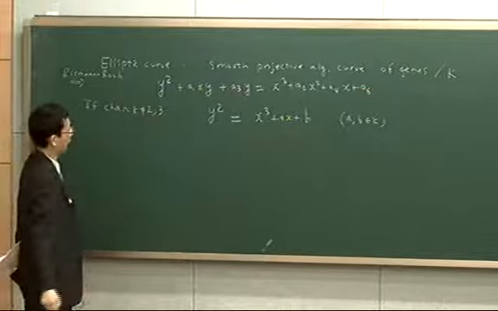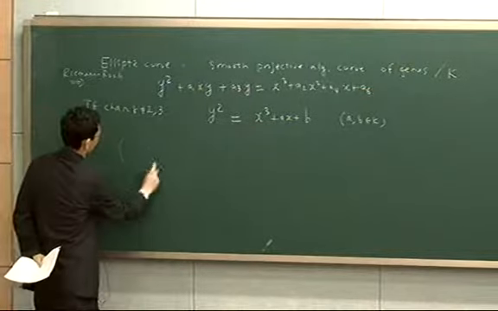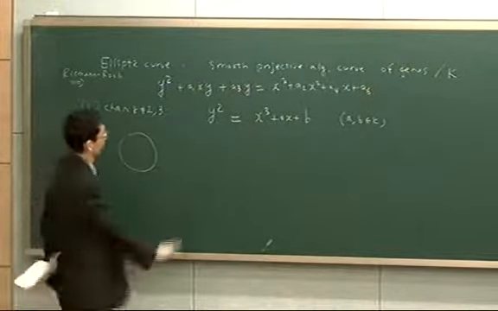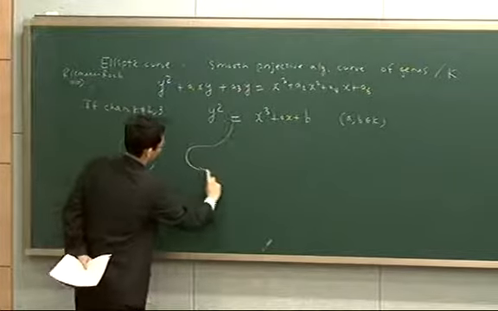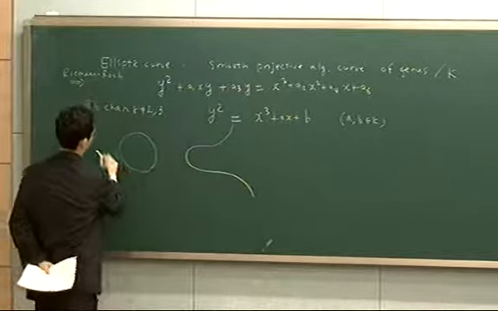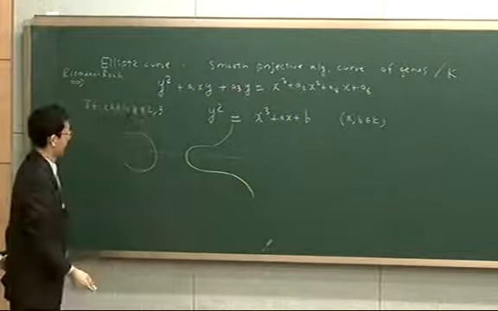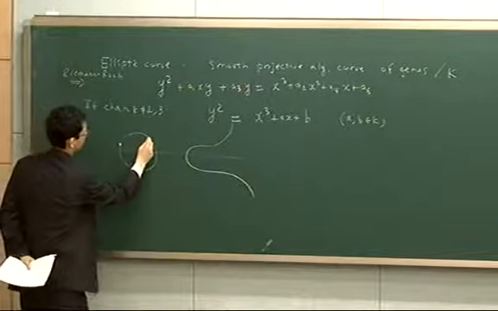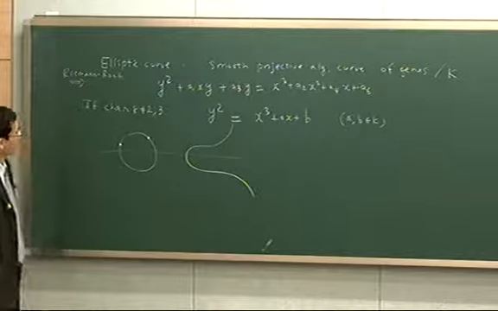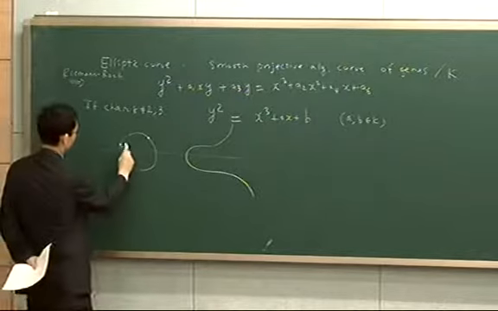The important property of elliptic curves is that it defines an abelian group. The group structure is given by the chord-tangent method.